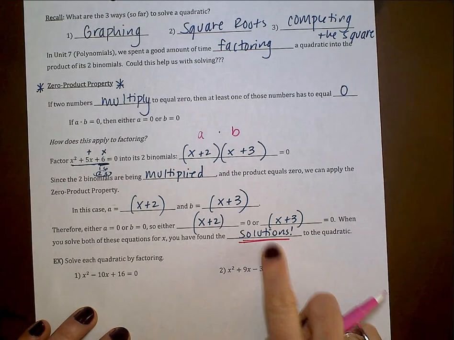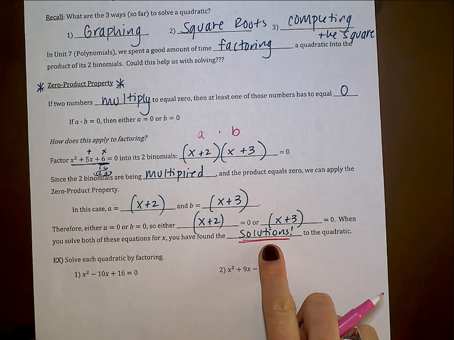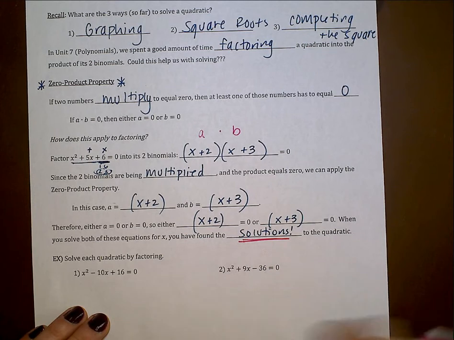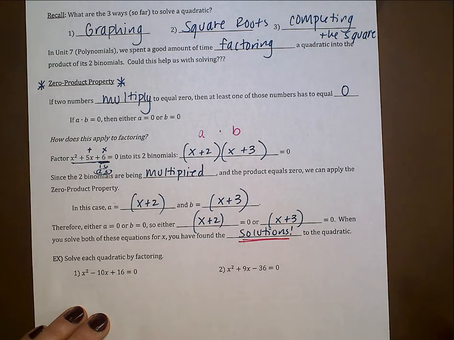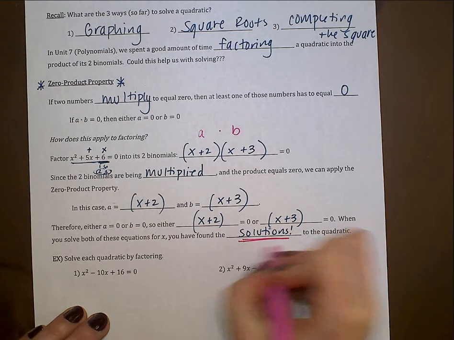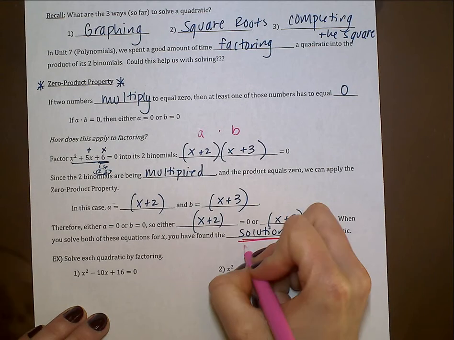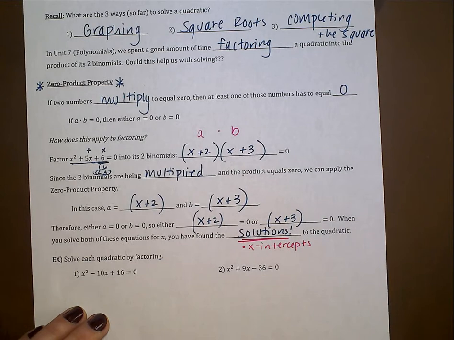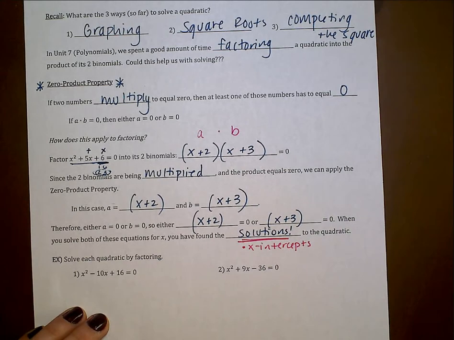All right, I want to remind you of one more thing. In the first lesson where we were solving, I listed synonyms for the solutions to a quadratic, or other words they could use to imply, hey, we're solving. So they could say, find the solutions. They could say, find the x-intercepts, because I know the solutions are where the parabola crosses the x-axis.